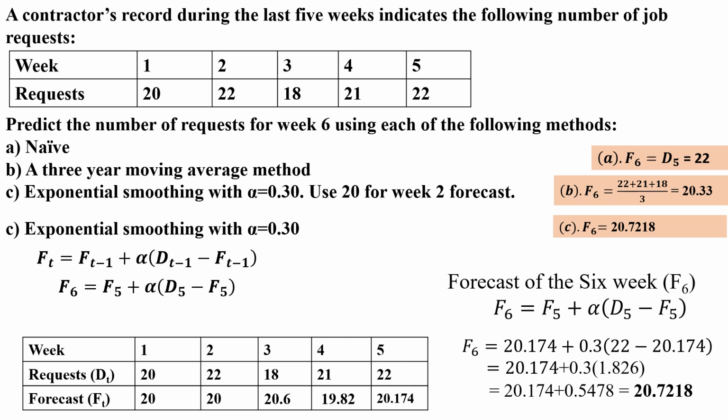So this is the final solution. From the naive method, the 6th week forecast value is 22; with the 3-week moving average method, F6 is 20.33; and with the exponential smoothing method, F6 is 20.7218. So this is the solution, and thank you.